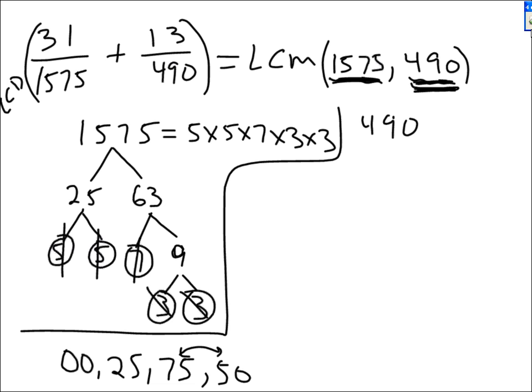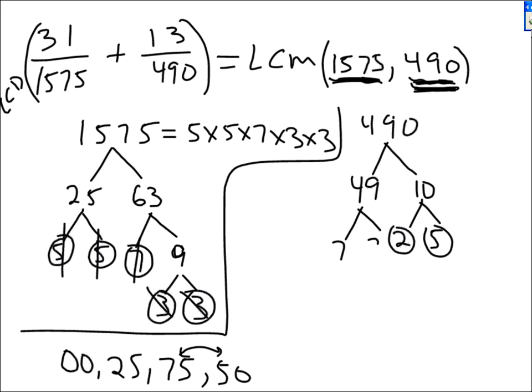We know that 10 goes into 490. It goes in 49 times. 10 is 2 times 5. Those are prime. And 49 is 7 by 7. So we have 7 times 7 times 2 times 5.